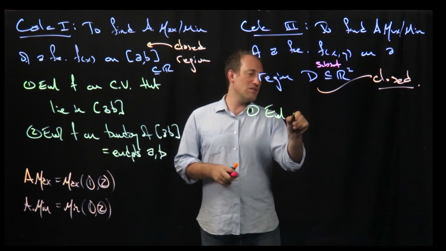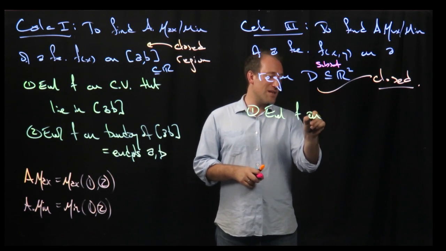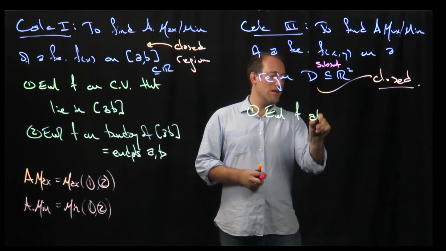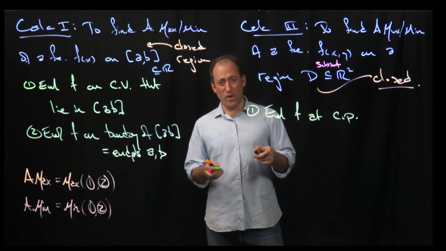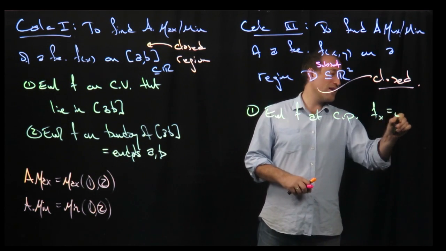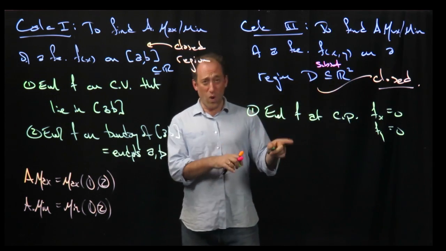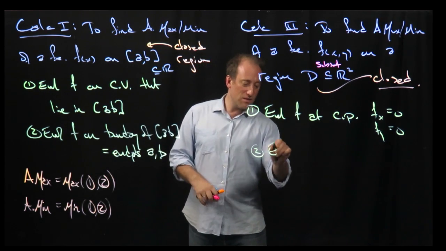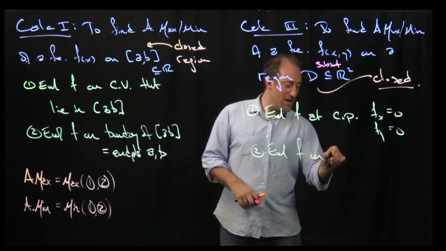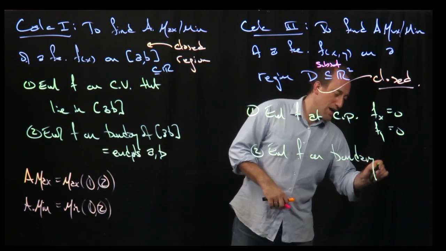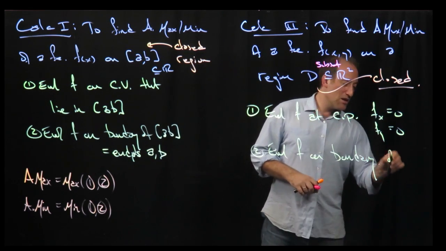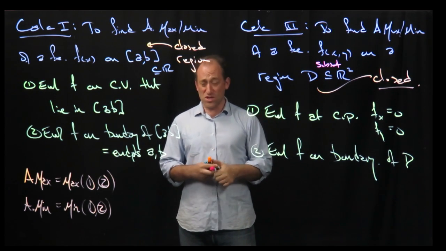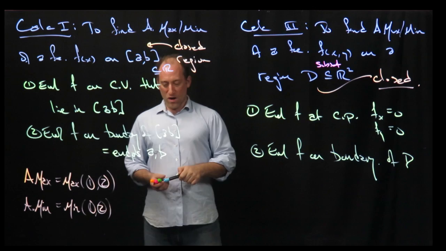So, again, evaluate f on, or now it's at the critical points, which as usual you find by setting fx equal to 0 and fy equal to 0. 2, I now need to evaluate f again on, and this is why I chose the word boundary, because the boundary of a region in R2 is very different than the boundary of a subset of R1.